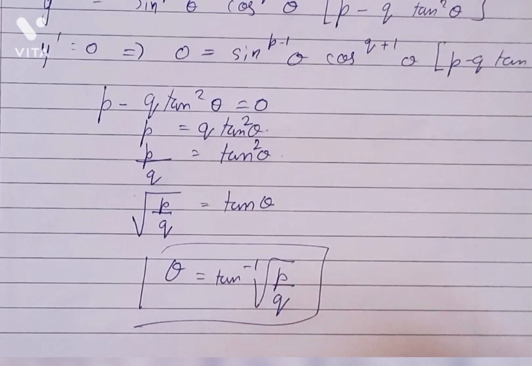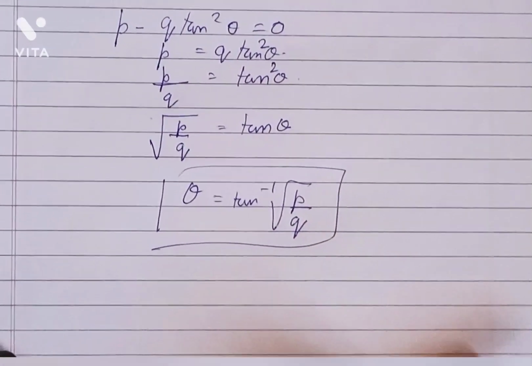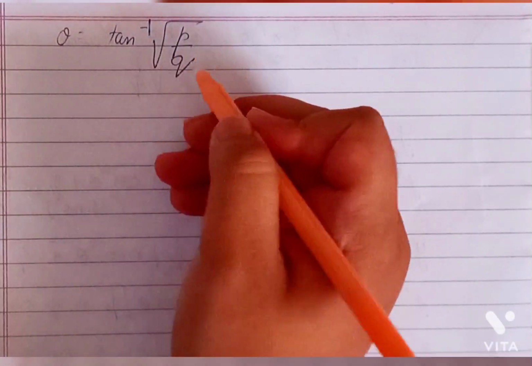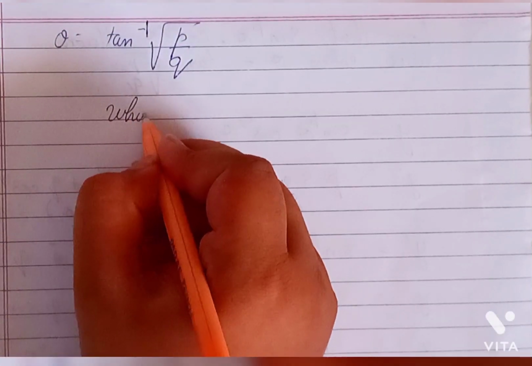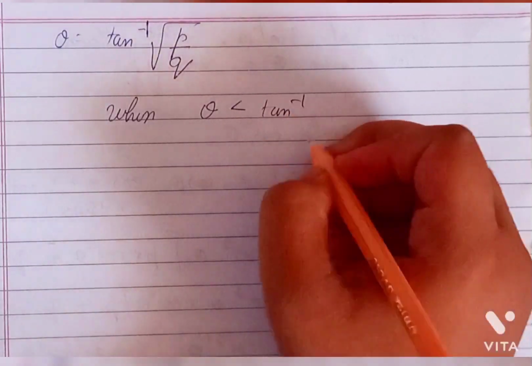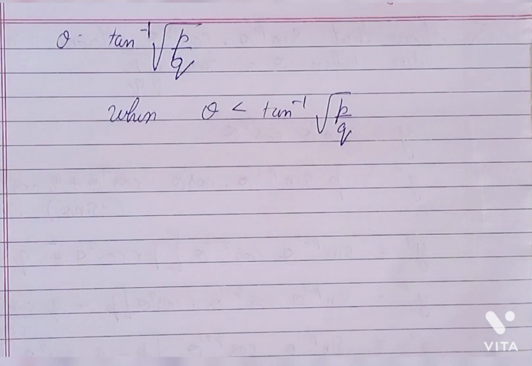So now we'll prove how it's maximum. You could do either second derivative test or first derivative test. Here I am doing first derivative test. So we got theta is tan inverse under root p by q. Now solving it further, when theta is less than tan inverse under root p by q, we don't have some fixed quantity which we should insert over here.